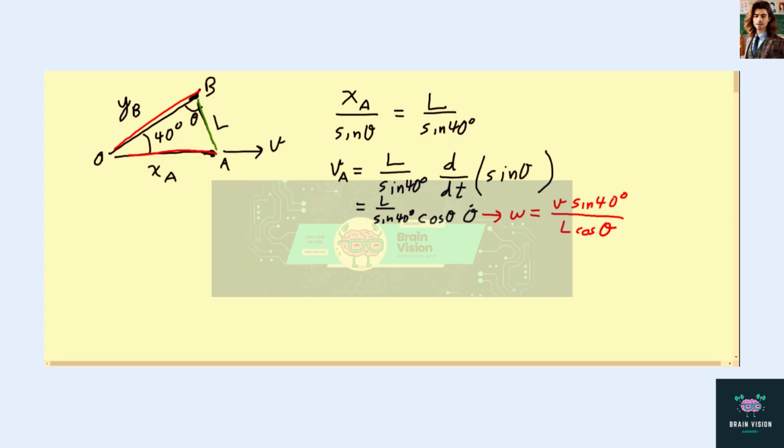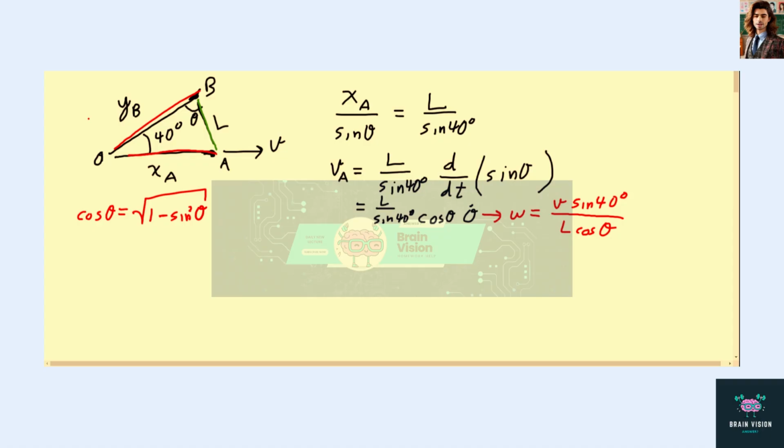However, we're not done yet. We still need to find the value of the cosine of theta. So we can do a few things to get there. First, we know that the cosine of theta will equal the square root of 1 minus sine squared of theta.